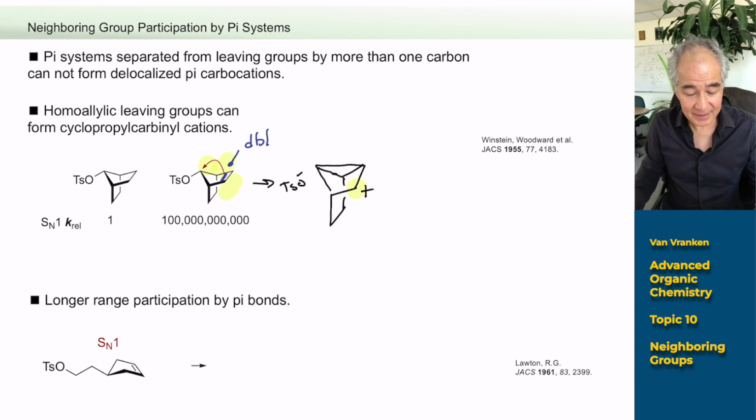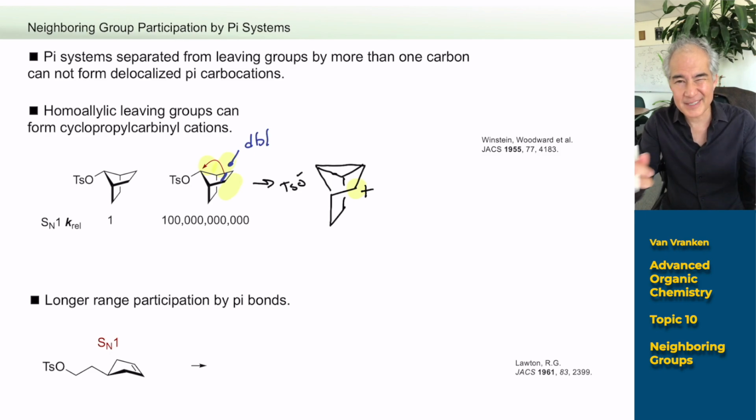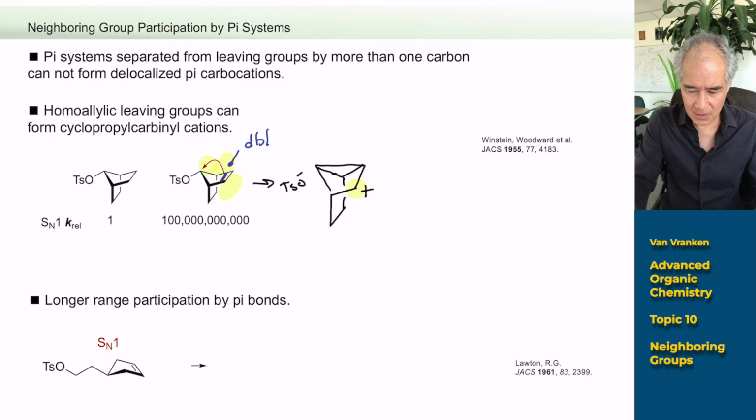Now, you can get this type of neighboring group participation even in cases where the conformation isn't great all the time. I'll show you another example down below, where what happens if your structure isn't locked into a reactive conformation. So I've got an example down here where this tosylate is very far from that double bond.